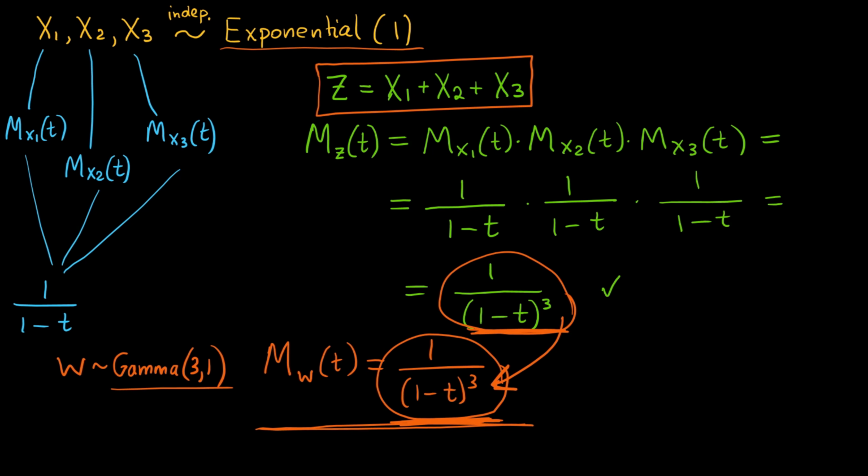This problem would have been much more difficult in any of the other universes. We could have tried this in the PDF universe, and there is a formula for the convolution of two random variables.